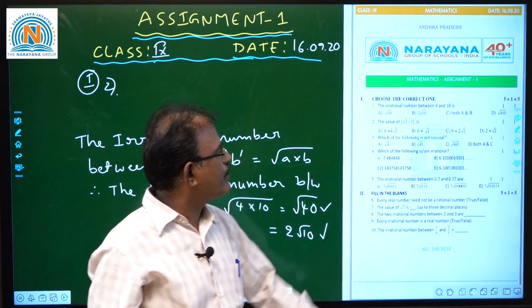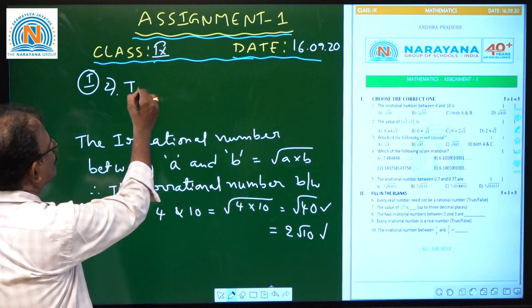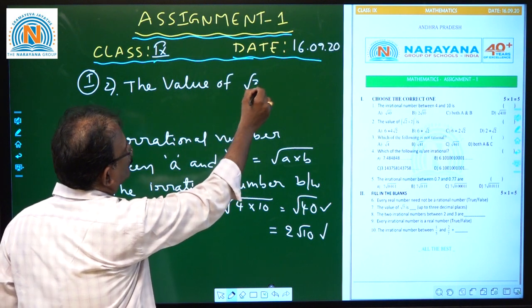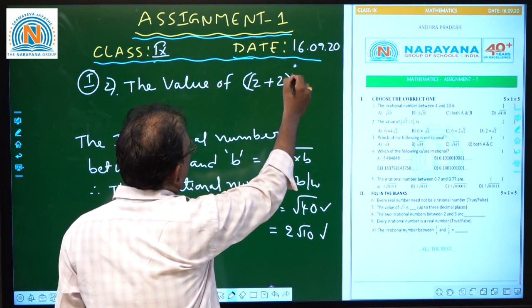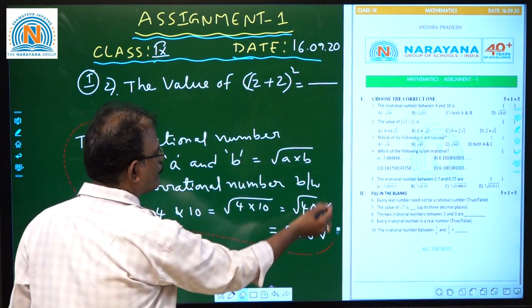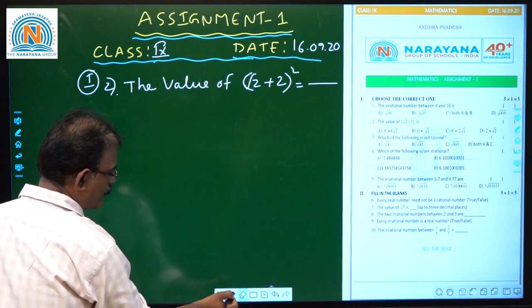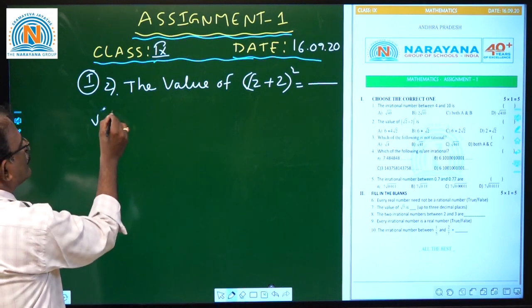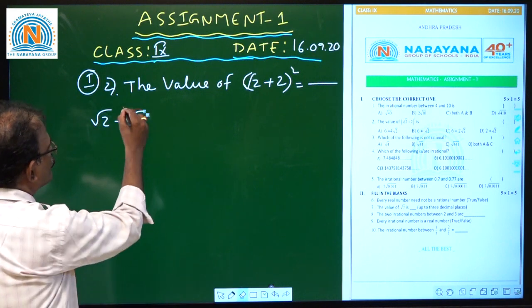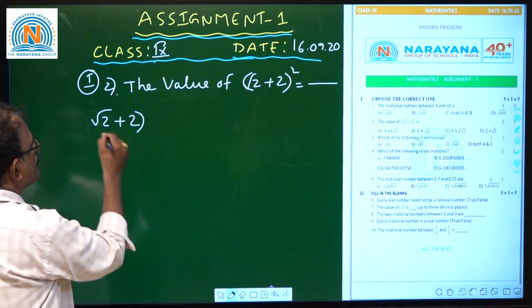The value of (root 2 plus 2) whole square is equal to dash. This is in the form of (A plus B) whole square, children.